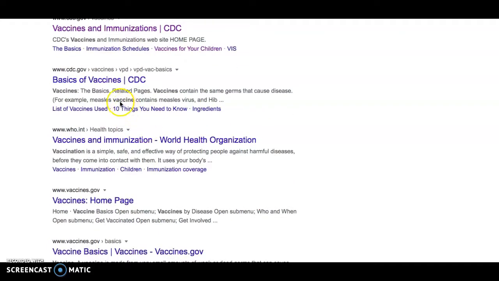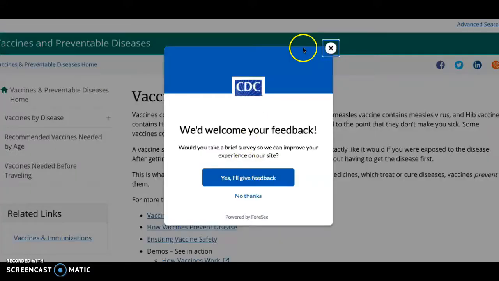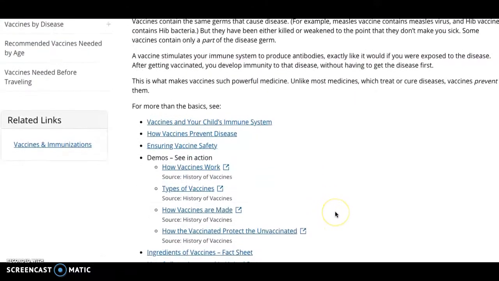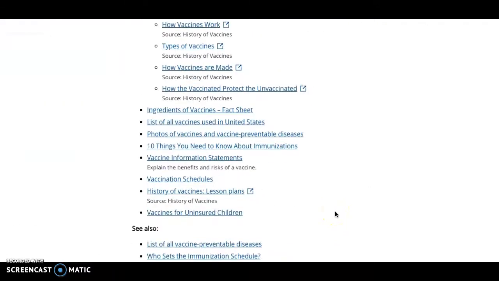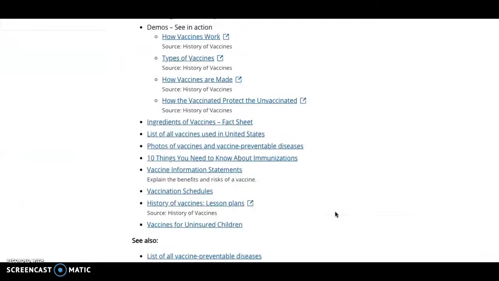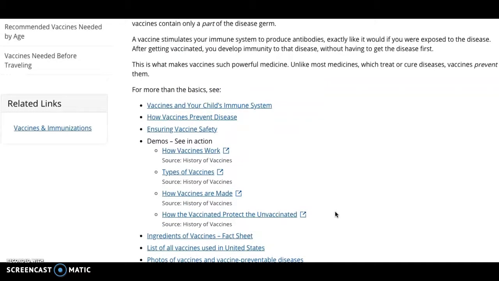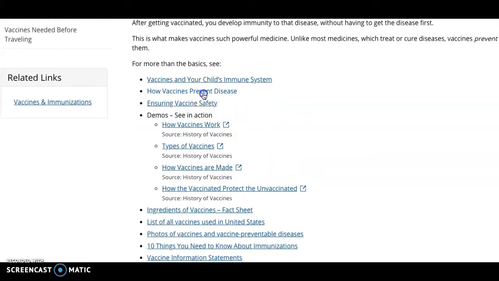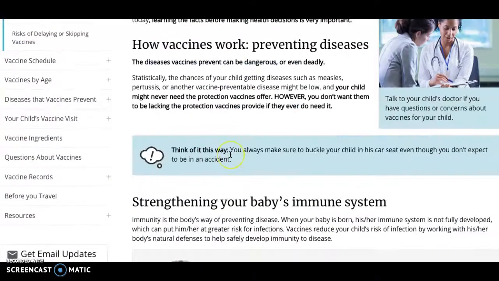Okay, so I'm going to go to this one that says Basics of Vaccines. It has some options here for me on different articles that I could read. So I'm going to click on How Vaccines Prevent Disease because I'm just curious, and here's the article.